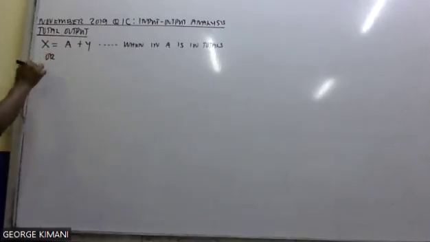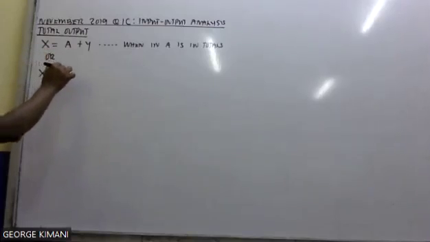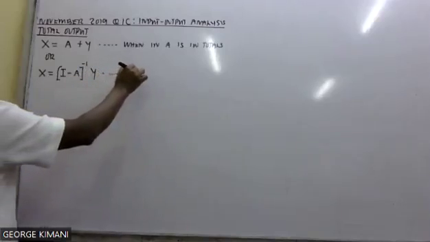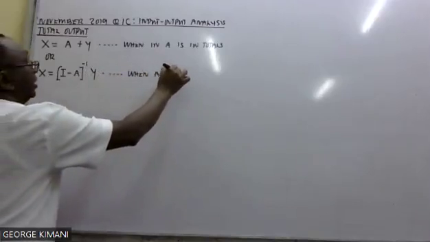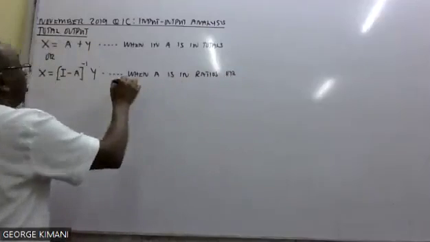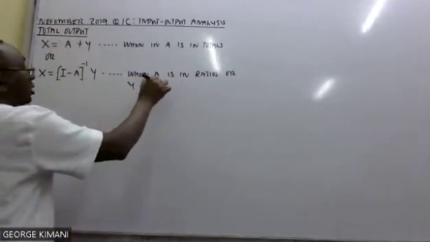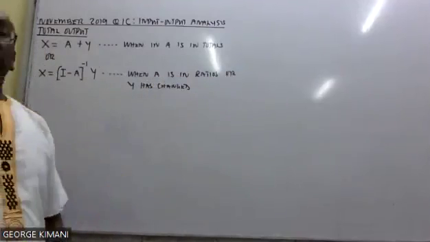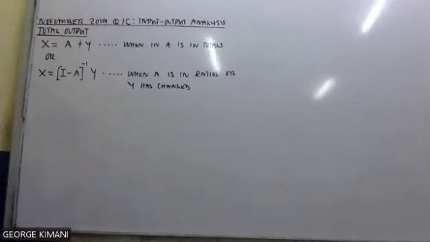Or you can say X equals (I minus A) inverse Y. This is when A is in ratios or Y has changed. So those are the two formulas that we use for getting the total output.